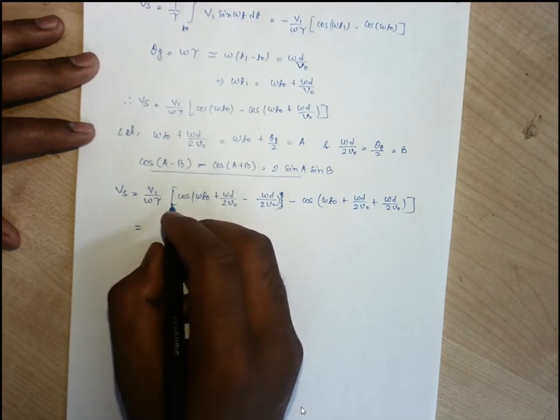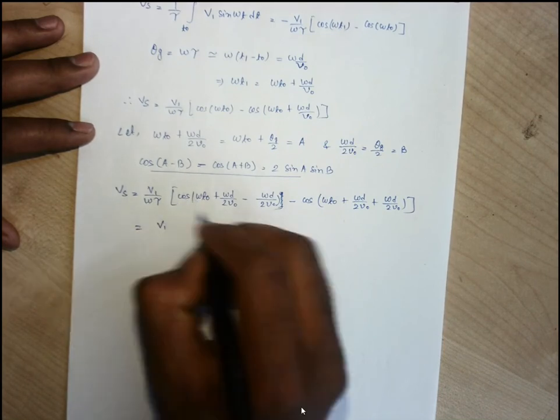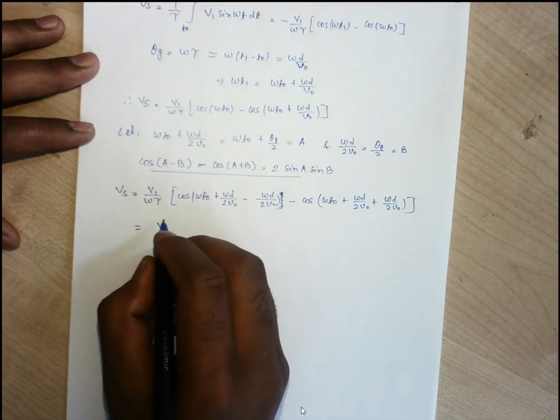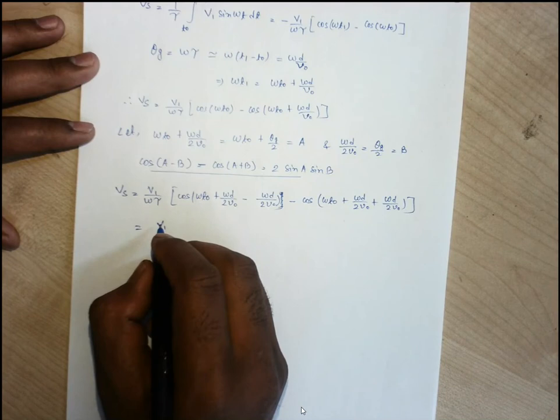So that one will be v1. I am just writing with a little bit of modification. That is twice of v1 by omega tau. So that tau can be replaced with d by v0.